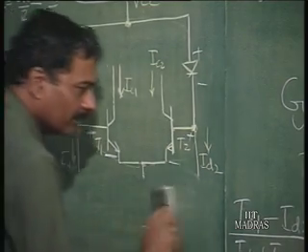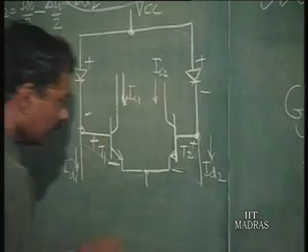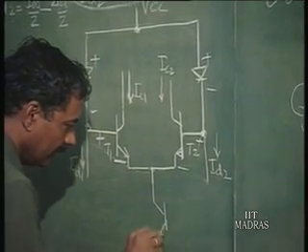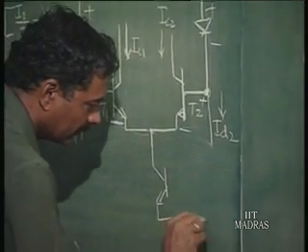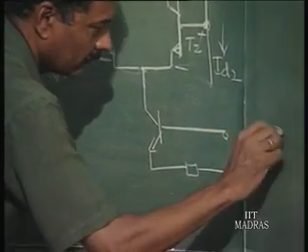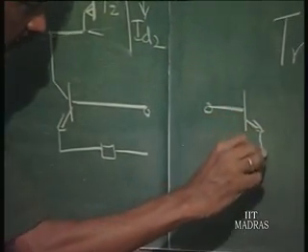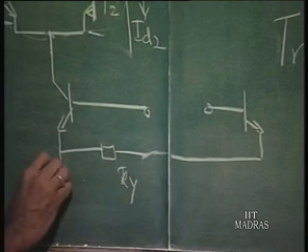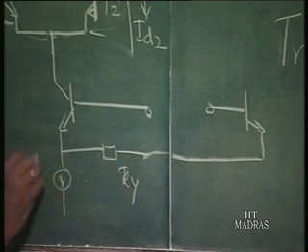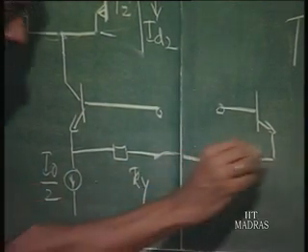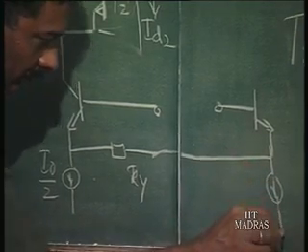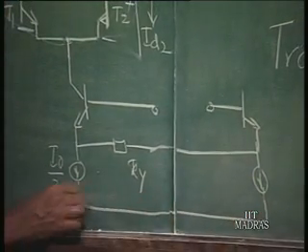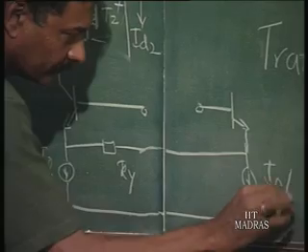That can be got by putting here the same thing, Ry I will put, and then I naught by 2, I naught by 2.